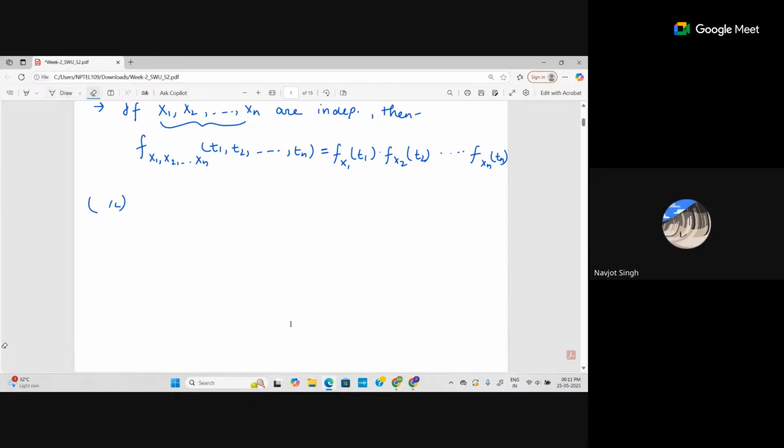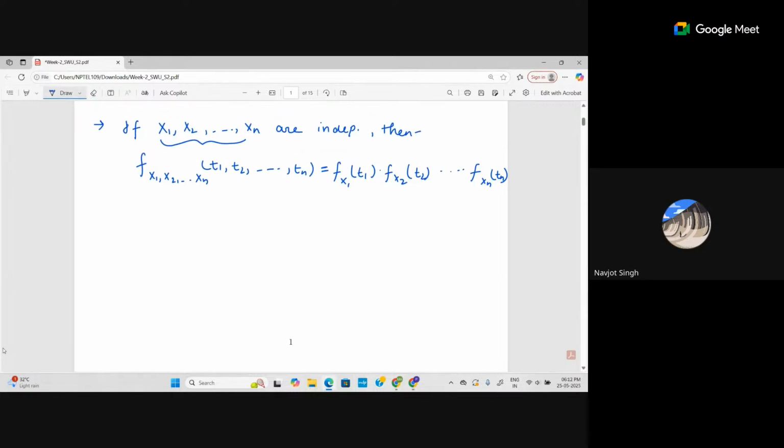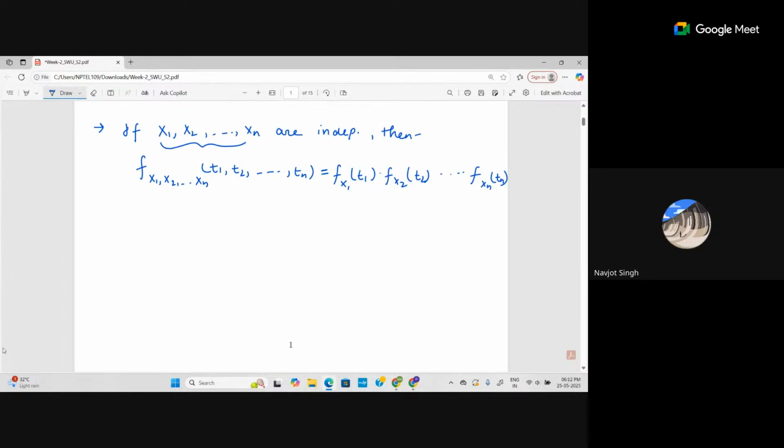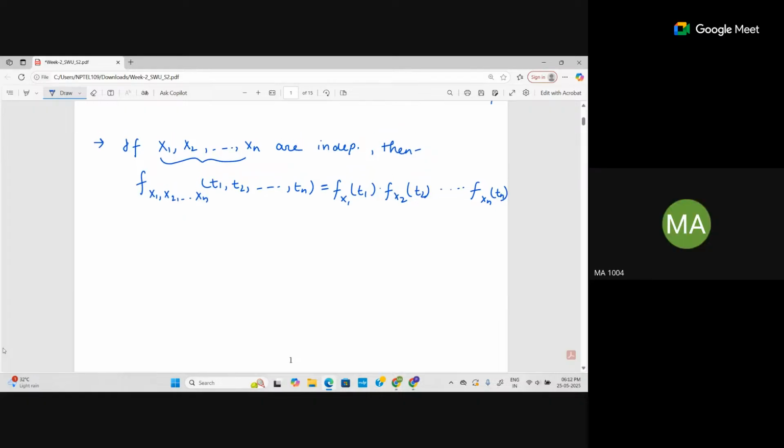Ma'am, mutual independence implies pairwise independence. Is it true? See, we are saying that if these n random variables are independent, and we take a set from these random variables, then they will be independent.